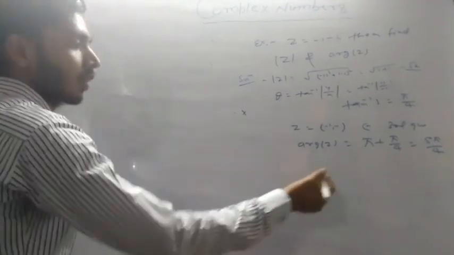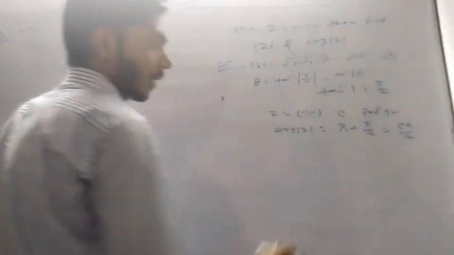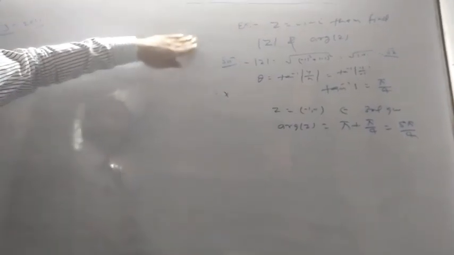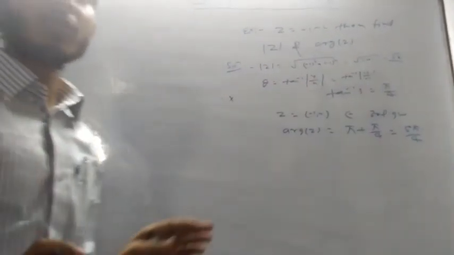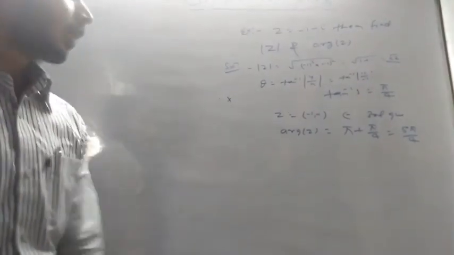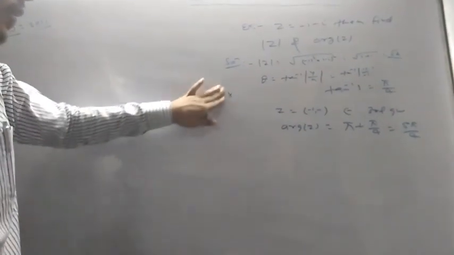Now, if we have found the argument of z, next we have to find the principal value of the argument of z. What is the principal value?